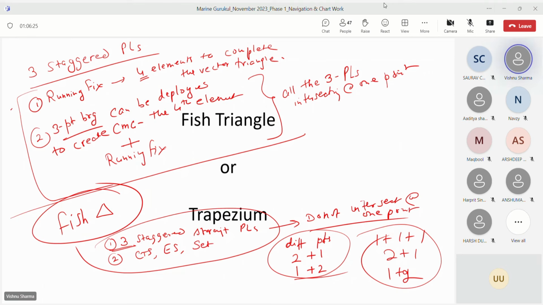So for fish triangle to be applicable, you need to have 3 staggered straight line PLs. And if they intersect at one point, then don't go for fish triangle. Then go back to 3-point bearing and running fix and close the question in a simplified way. But if that is not working, then it is the trapezium. So what is given?